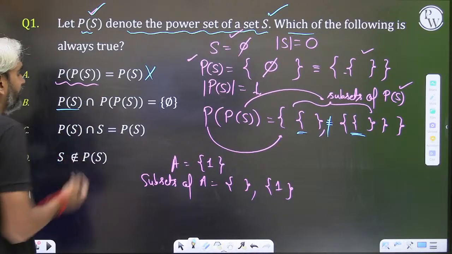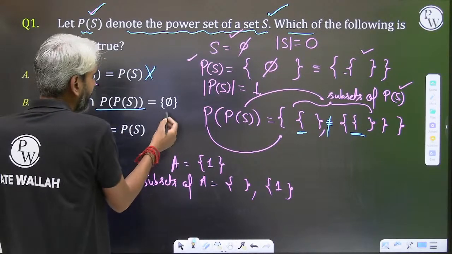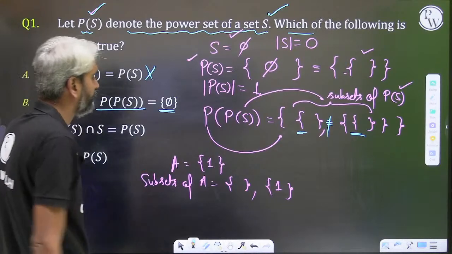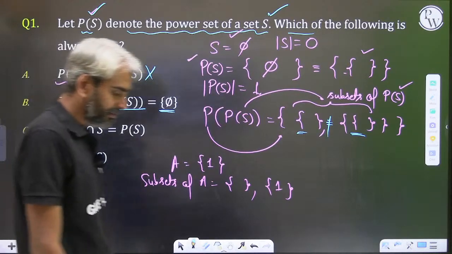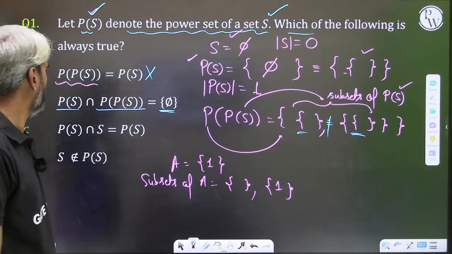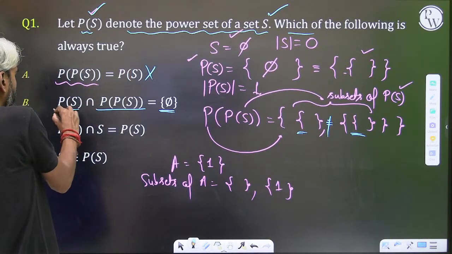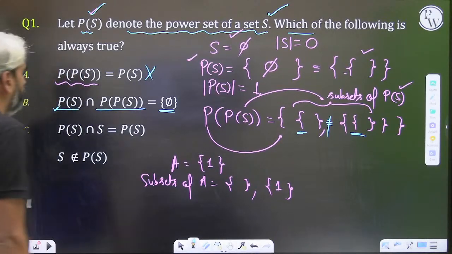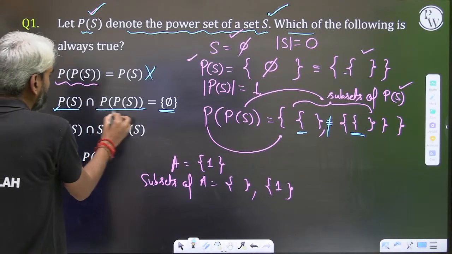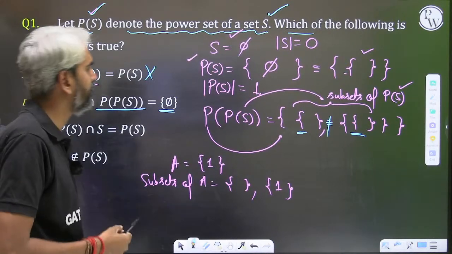Again, if you take the intersection of power set of S with power set of S, they are trying to say that this will come out as phi. True or false? If you take the intersection of power set of S and power set of S, then this will be a set containing element phi.